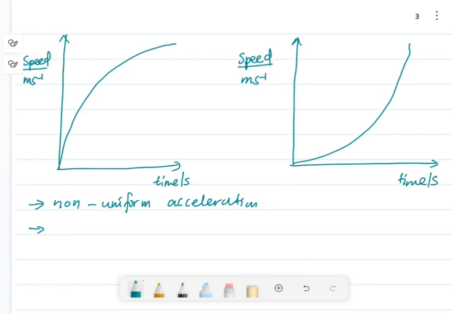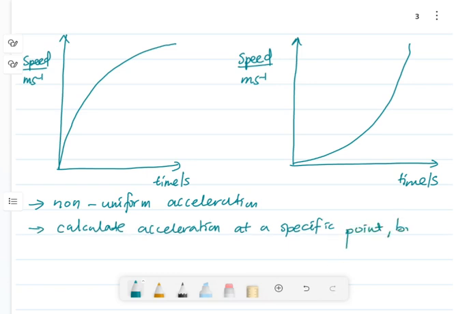So if you are to calculate acceleration on a graph like this, you don't calculate acceleration for the whole journey. You actually calculate acceleration at a specific point. You calculate acceleration at a specific point by drawing a tangent.